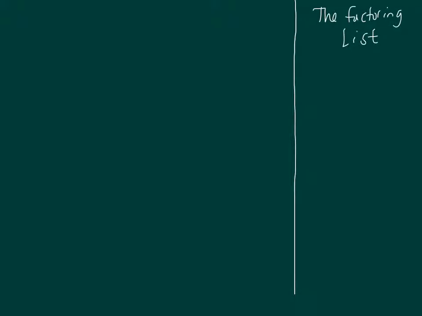And if you remember, we have the factoring list, what I like to call the factoring list. And we've already looked at two steps on the factoring list. The first one we are going to apply to all polynomials that we try to factor, and that is to factor out the GCF.